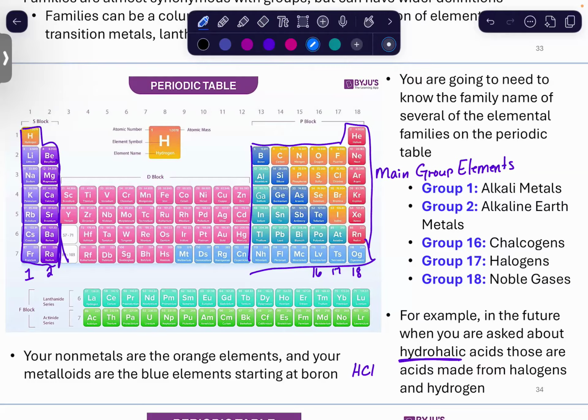And then, of course, your little block, the B block in here, are your transition metals. So start working on the names of those individual groups. That'll definitely show up on exams and in quizzes.